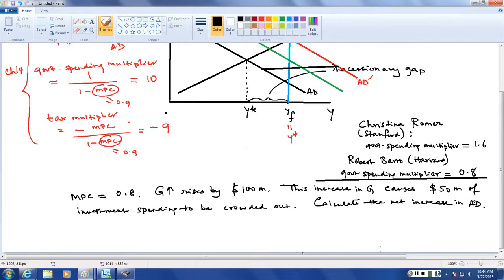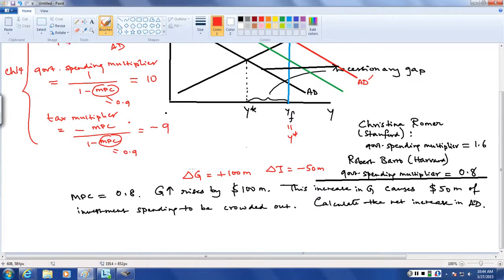So we have two things happening at the same time. We have a delta G of plus 100 million. Is that correct? Government spending is going up by $100 million. And at the same time, we have investment spending going down by $50 million, correct?